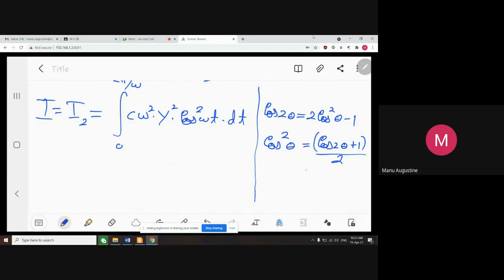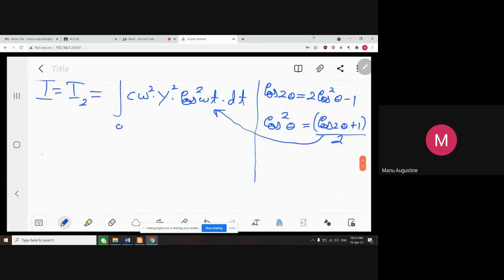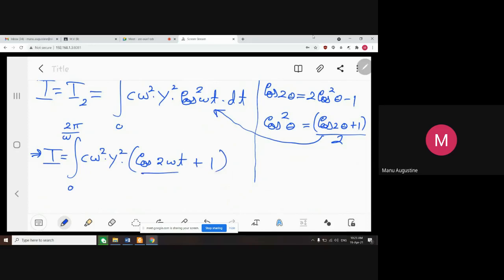So you make this sort of replacement in your cos square, you will get the integral equal to, now this is your integral.